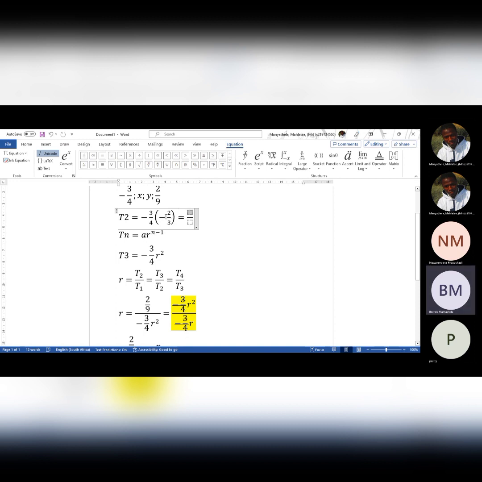This thing is the same as negative, I can still do the same, it still reads the same.